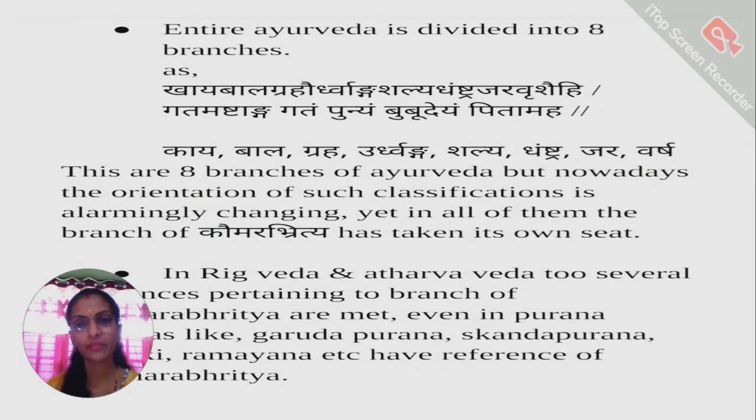In Rigveda and Atharva Veda, several references pertaining to the branch of Kaumarabhritya are explained. Even in Puranas like Garuda Purana, Skanda Purana and Ramayana, these classical texts have references to Kaumarabhritya. Even in those classical texts, they mentioned the branch of Kaumarabhritya separately. So much importance they gave to the pediatric branch.